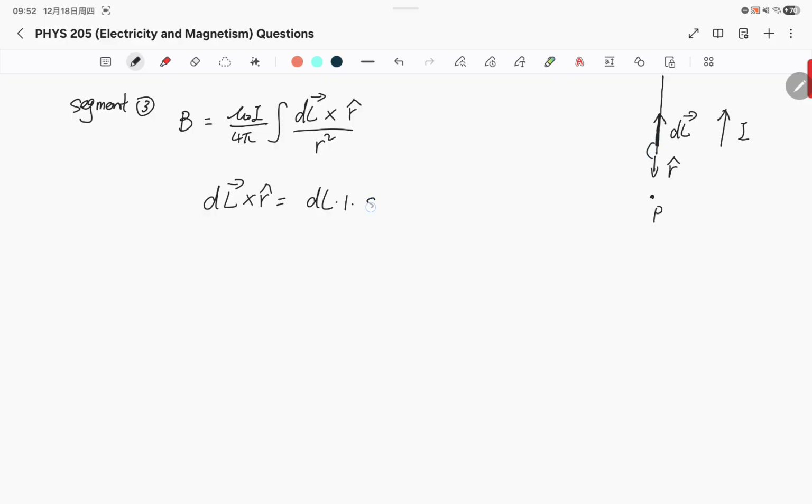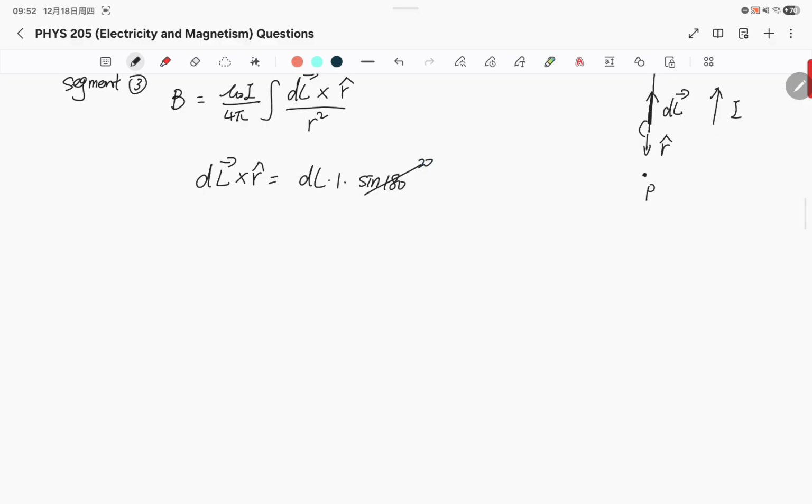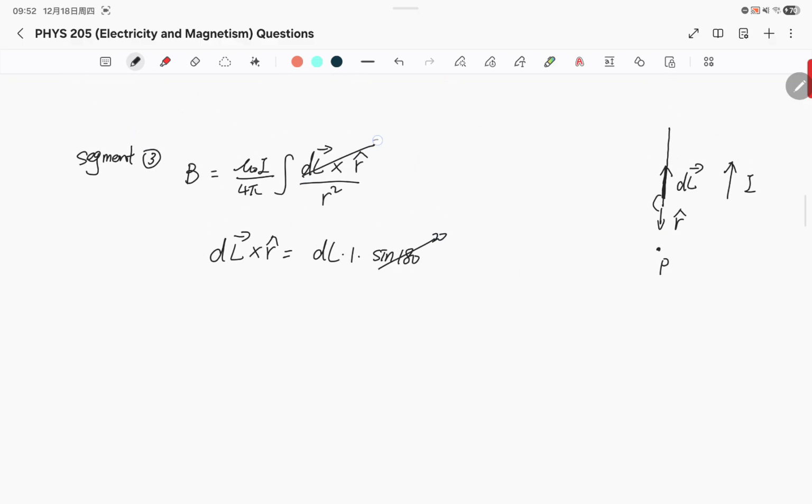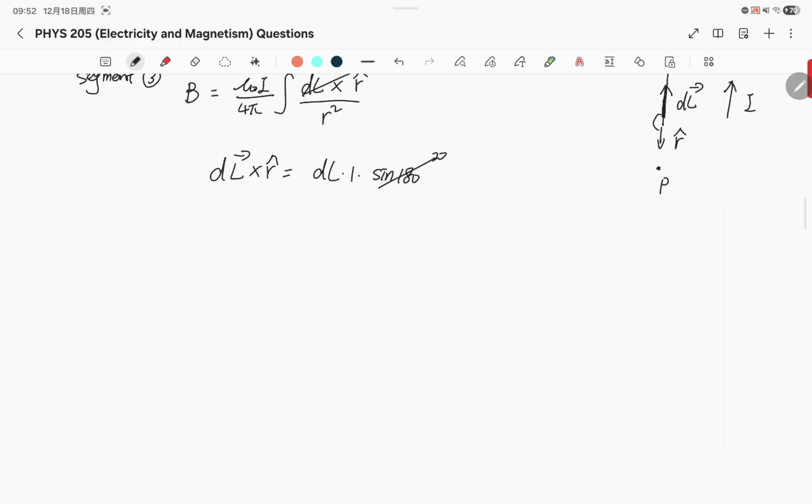And in this case, that's going to be 180 degrees. Sine 180 degrees is 0, so this whole part is gone. So B for segment 3 is 0.